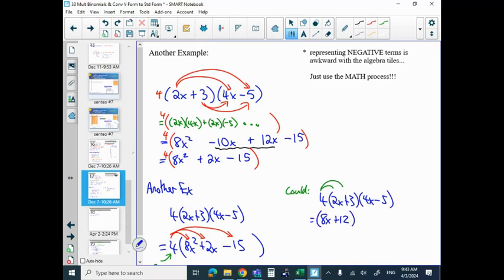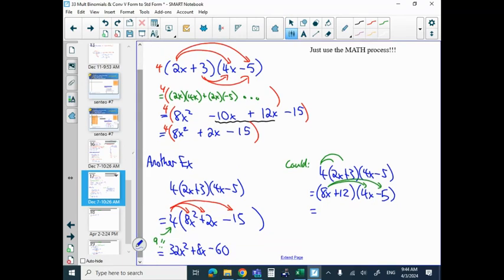And that would multiply onto 4x minus 5. And so if you did it that way, then you'd have your 8x times your 4x and your 8x times your minus 5. Notice the 8x times the 4x would give that same number, the 32x squared. Ooh, 32x squared. And just continue on. It would be the same result.